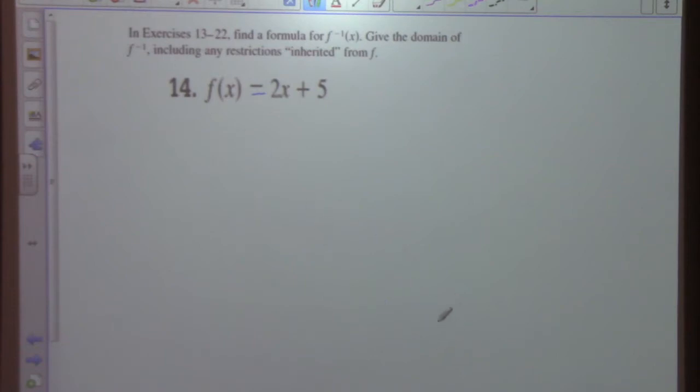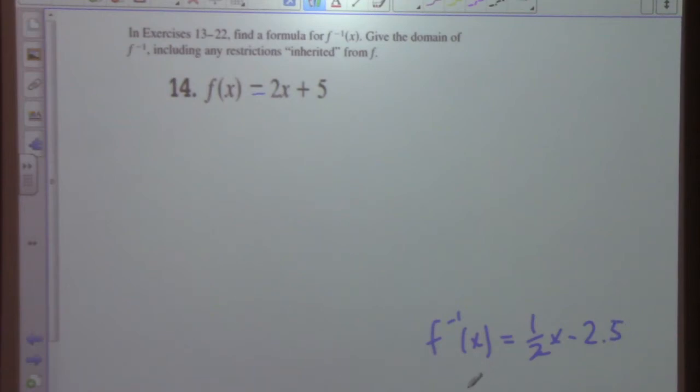So Angel came down here and worked it all out, got f negative 1 of x equals 1/2 x minus 2.5. Is that what you got, Angel? Yeah, that's what I got.